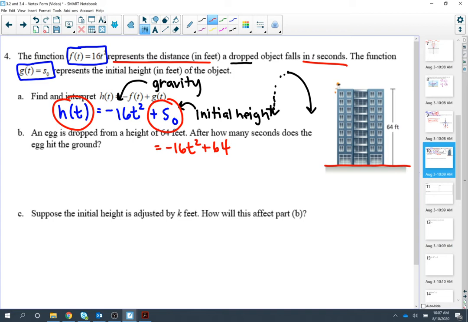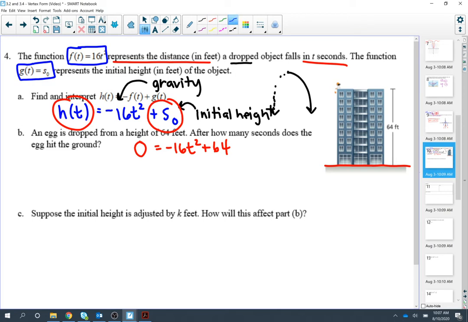Well, that would be 0. It's not in the air at all. So instead of h of t, I'm going to substitute in a height of 0 because I want to know t, meaning find the time that this thing is on the ground. So find t when h is 0. h of t is height, t is time. Now we have this equation.